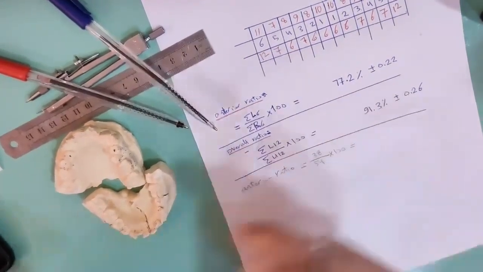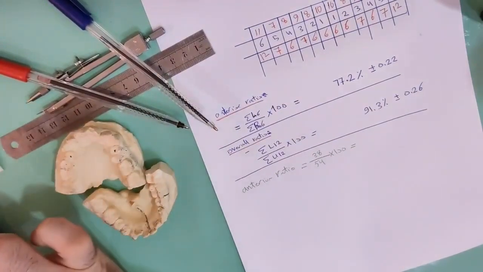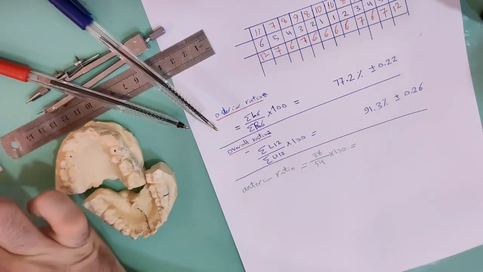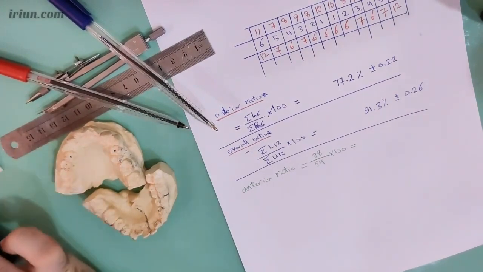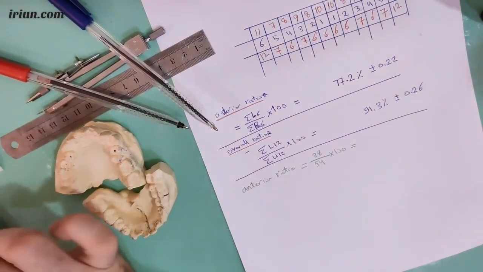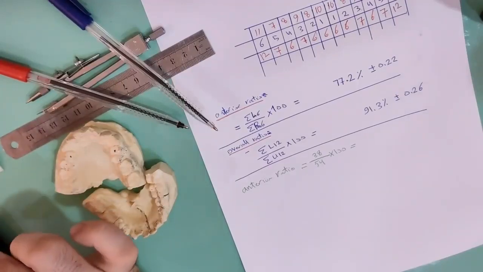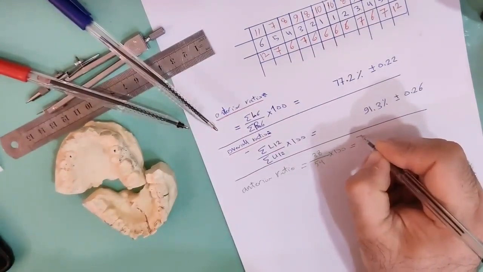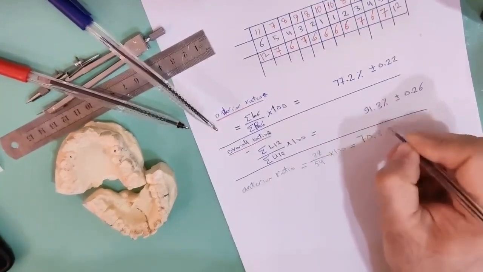Multiplied by 100, so I will do this equation, 38 over 54. It's 70.3%.